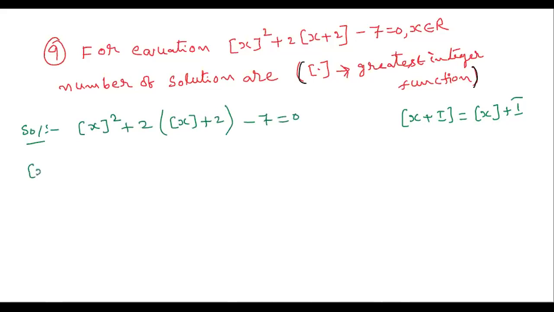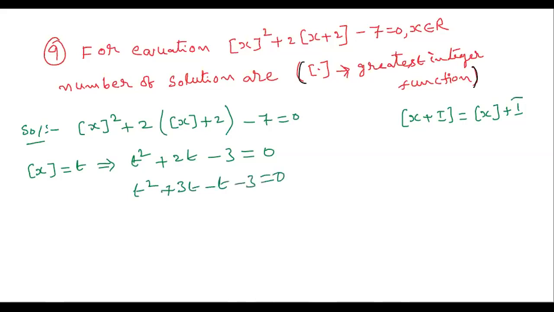Here take that step x value as t, suppose. Now we get t square plus 2t, 2 into 2 is 4, 4 minus 7 is minus 3, that is equal to 0. Split into factors, t square plus 3t minus t minus 3 is equal to 0.